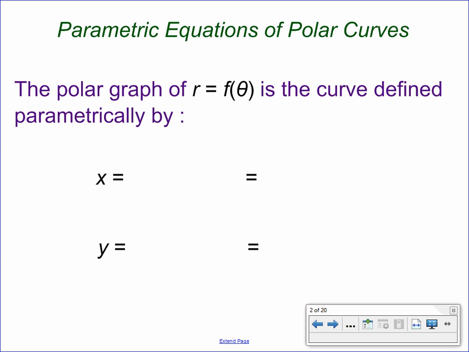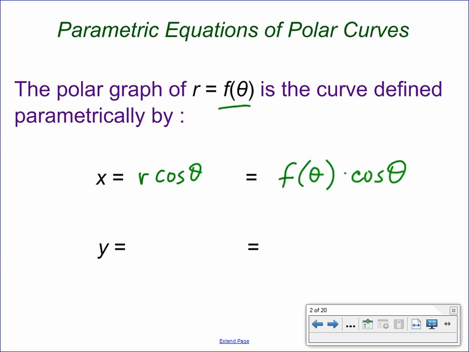X is given by r cosine theta. So if r equals f of theta, then x equals f of theta times cosine theta. That gives us our parametric horizontal displacement from the origin.